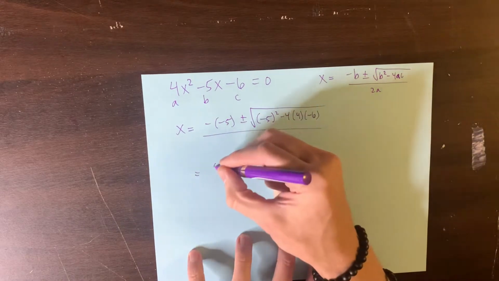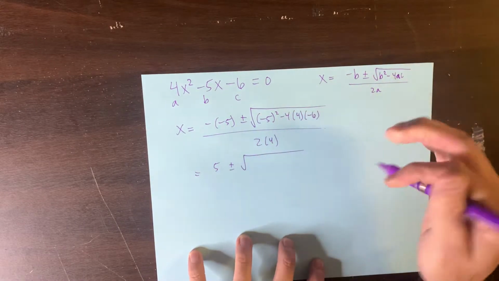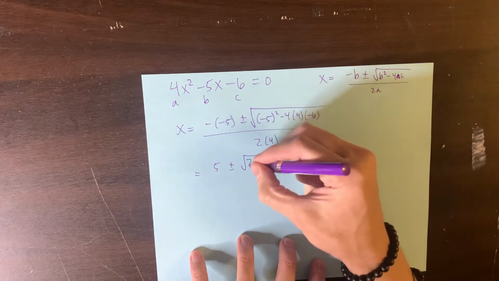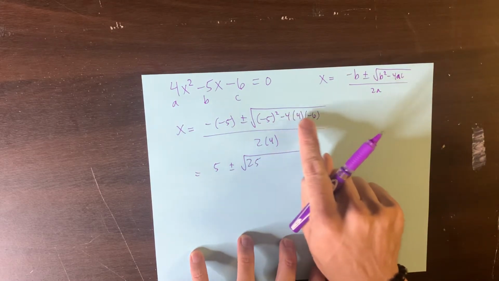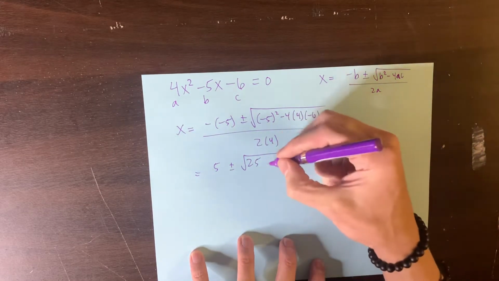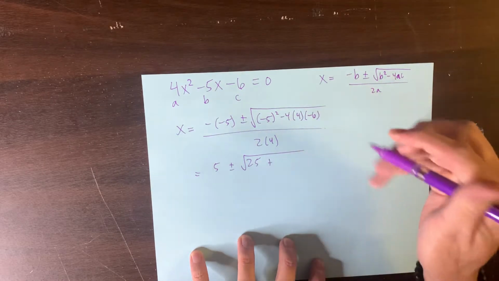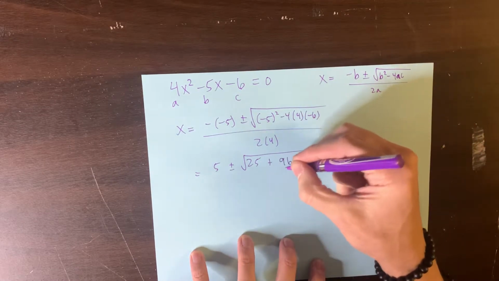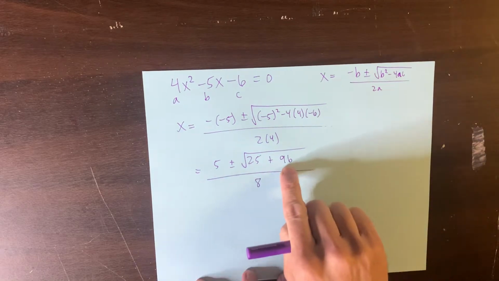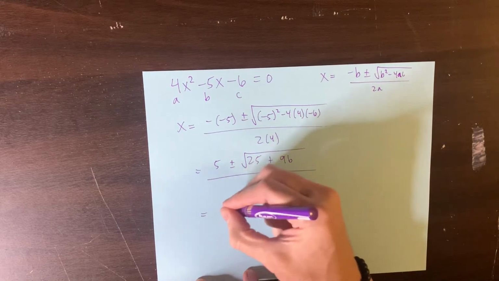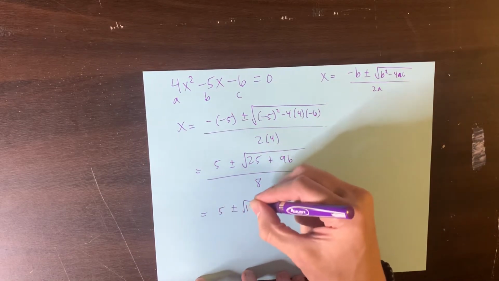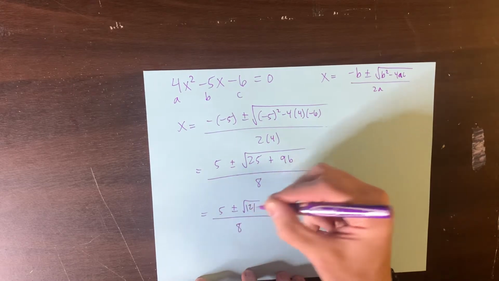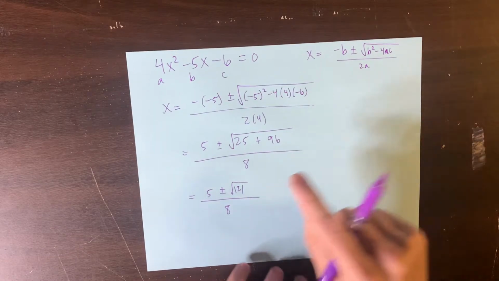Double negative is positive. Inside of the square root, we have 25. Negative times negative is positive. 4 times 4 times 6 is 96, sitting on top of 8. Add those numbers together. That is 121. Do we know the square root of 121? We do. It's actually a nice number.